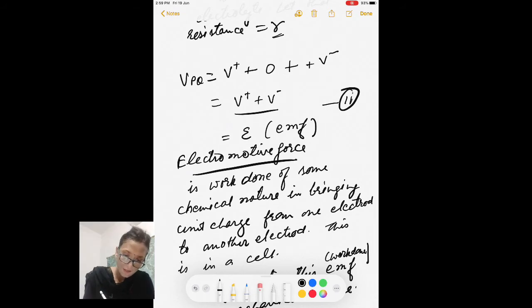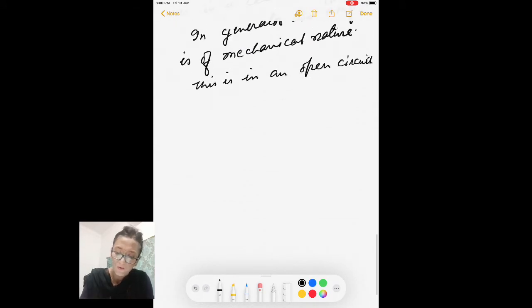So this potential difference, if you consider it as V, comes equal to EMF in open circuit, VPQ is equal to EMF.